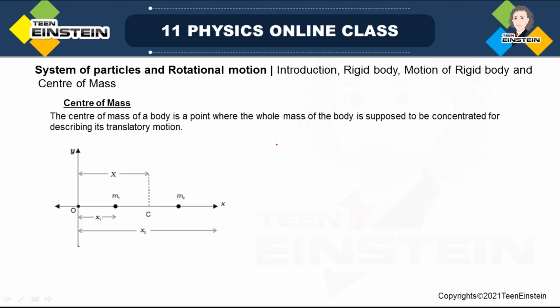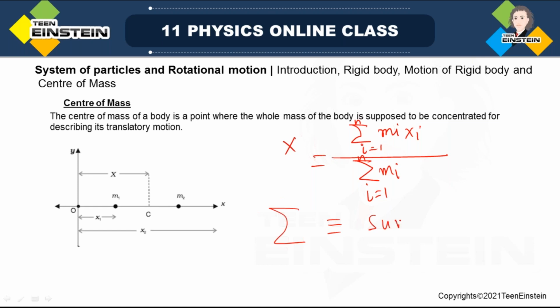So generally you can write the sum over i from 1 to n of mi xi, divided by the summation over mi, where i goes from 1 to n. This notation is called summation.